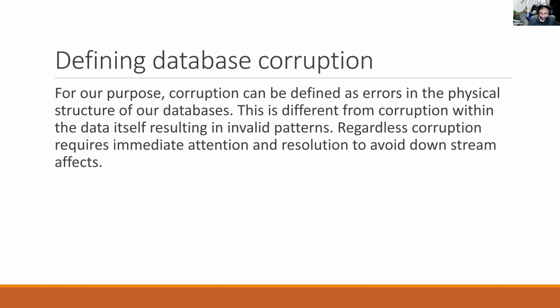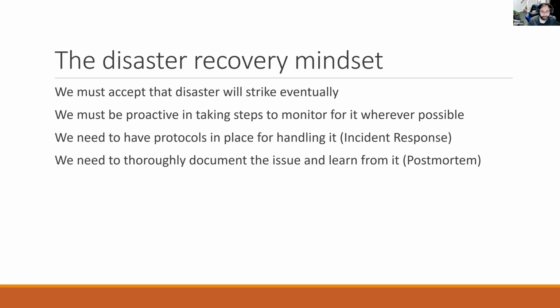Now, a physical corruption will change values in your data, but it will have a larger impact against your ability to retrieve that data. Regardless of what type of corruption we're talking about, however, it is important that you understand that identifying and resolving it immediately will actually help you to avoid the problem becoming much bigger as it goes downstream to other systems.